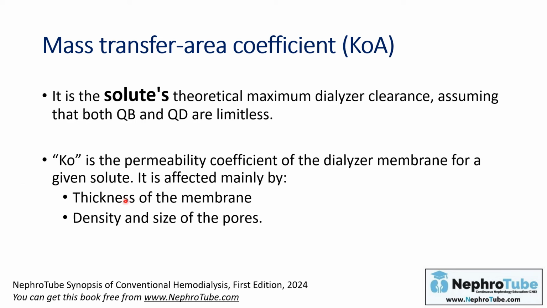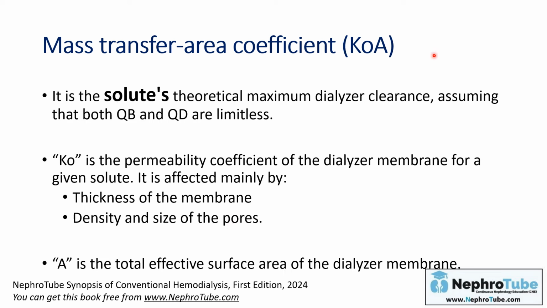The thinner the membrane, the higher the permeability coefficient and the higher the mass transfer area coefficient. The same for density and size of the pores. The higher the density, and the wider the size of the pores, the higher the permeability. The A in the KoA abbreviation denotes the surface area, and this shows that surface area also can affect the mass transfer coefficient.